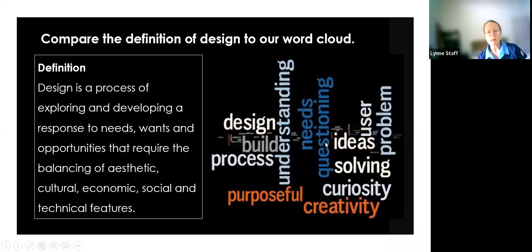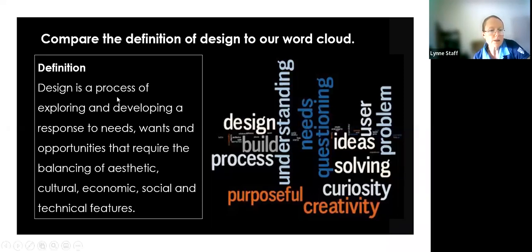Yep, that's an excellent one. The smaller words are a little bit difficult to see, but investigating was another term that we came up with. They're both good synonyms for exploring. Being curious, yep, excellent. So we have to have that sense of curiosity to want to investigate and understand what the problem is that we actually need to solve with our design process.